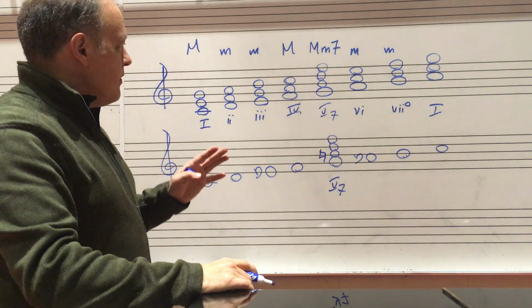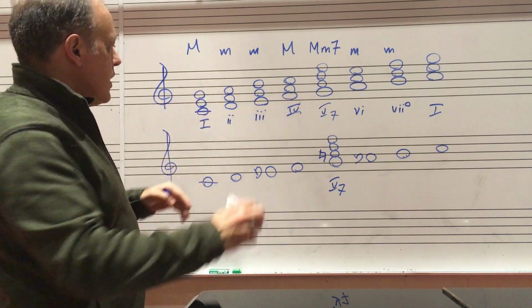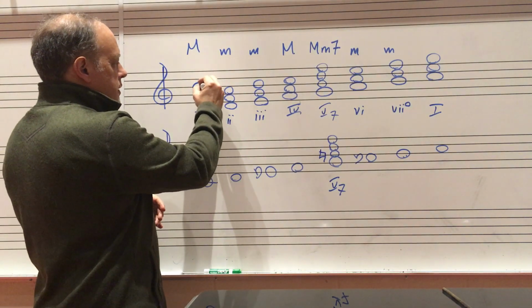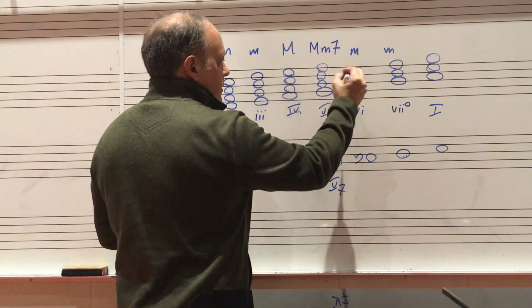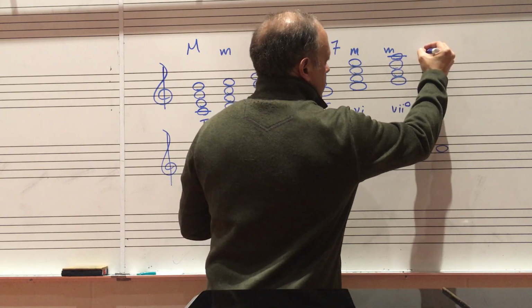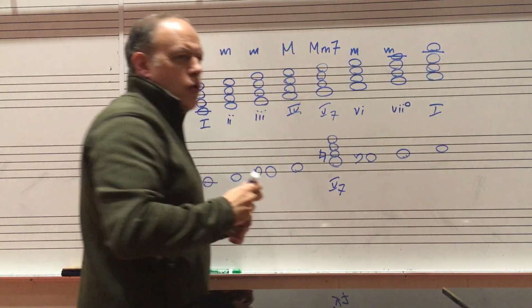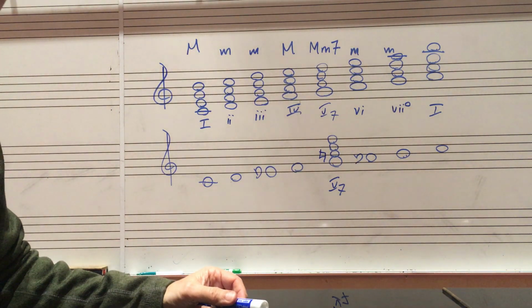And then on top of that, I would be adding sevenths and qualifying those. So if I do that, what I get is a series of seventh chords that will sound like this.